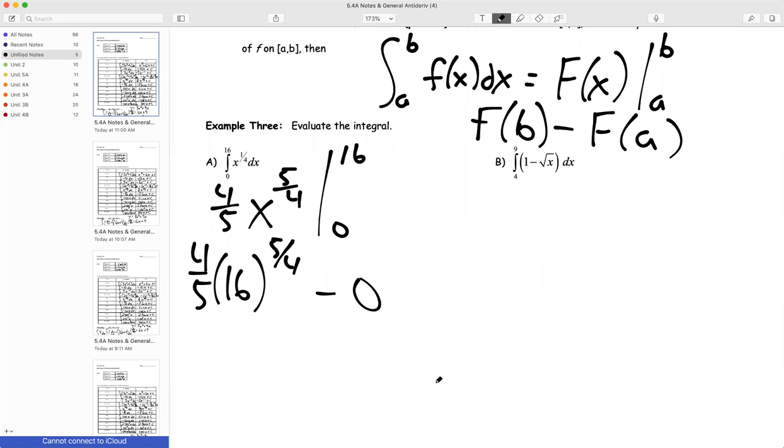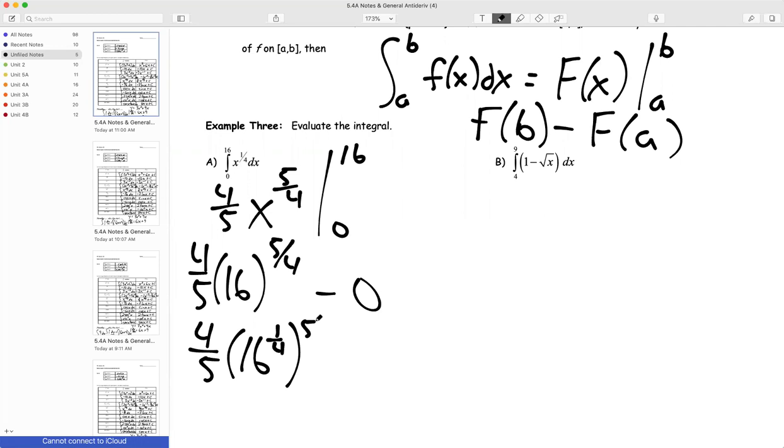So you are saying, hold on, we have 4/5. You were saying we could write this as 16 to the 1/4 raised to the 5th power. If I raise a power to a power, I multiply, right? So this is 1/4 times 5. That's the same thing.